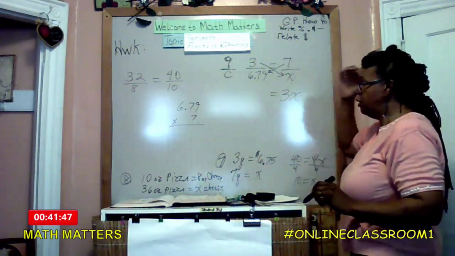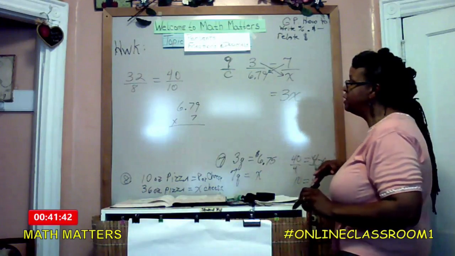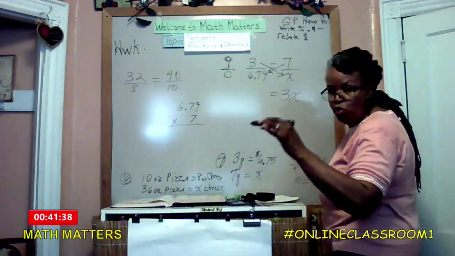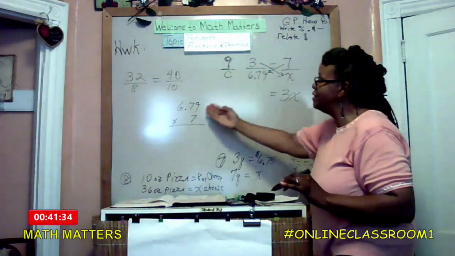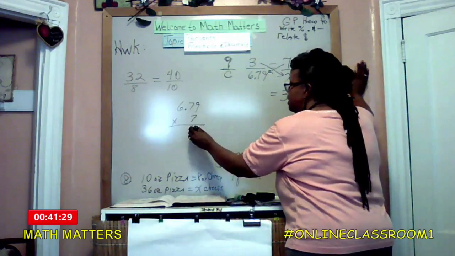What we need to do is ignore the decimal point right now and multiply as if the decimal point didn't exist, and then come back and move our decimal in our answer the same number of places it's in our problem. So 7 times 9 is 63.